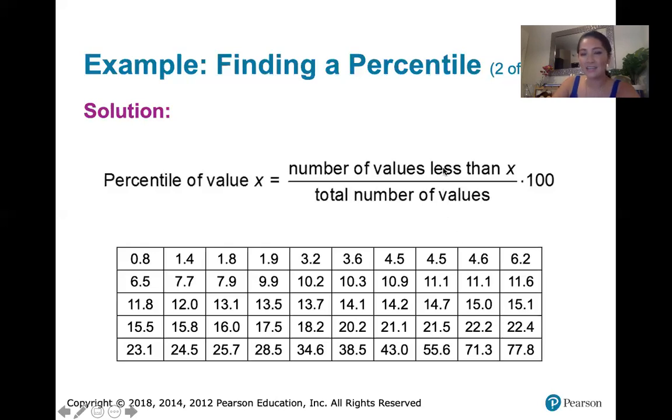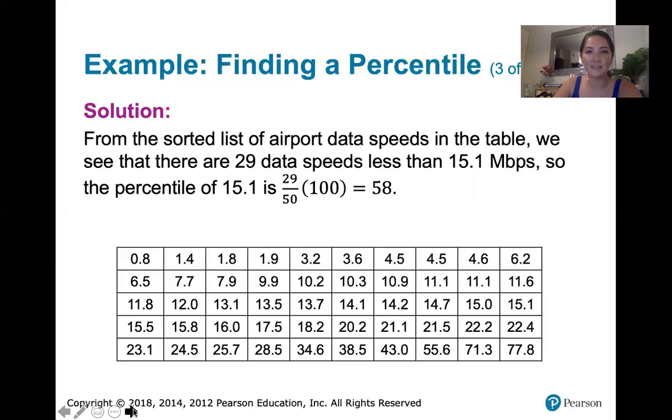So I've got 29 values out of 50 that are less than x, and we want to know what percentage corresponds to 29 out of 50. Then we multiply that by 100. If I take 29 out of 50 and multiply by 100, I get 58. That means that 15.1 is the data value at the 58th percentile. We would represent that as p sub 58, and that's 15.1 megabits per second.